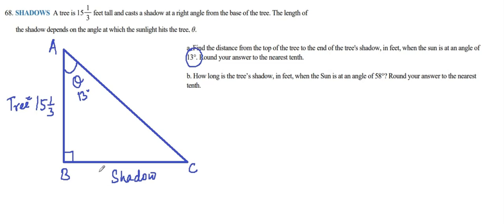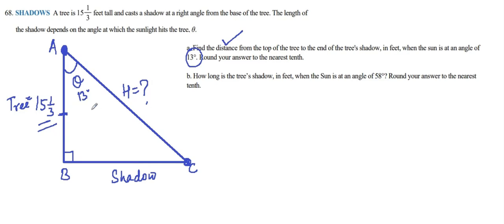So what is given to us? We have the opposite, and they're asking to find the distance from the top of the tree, this is the top, to the end of the shadow. The end of the shadow is this. So we need to find the hypotenuse. We have the opposite and need to find the hypotenuse. Which trigonometric ratio has opposite and hypotenuse?